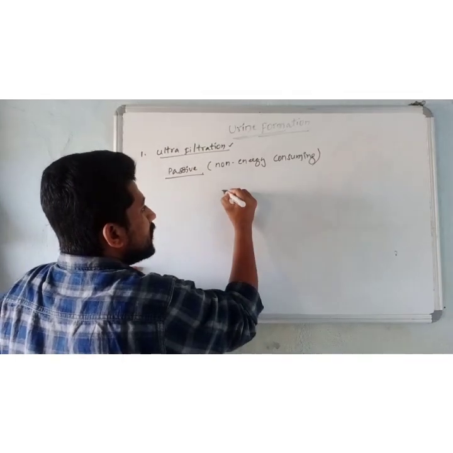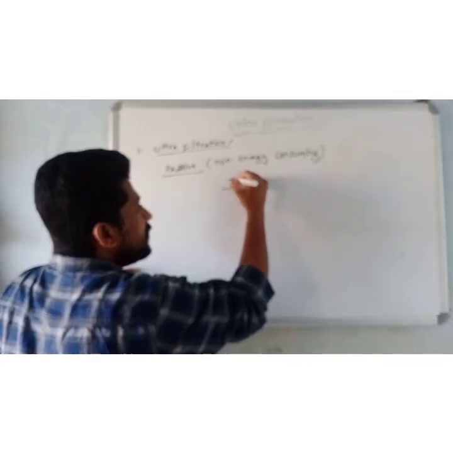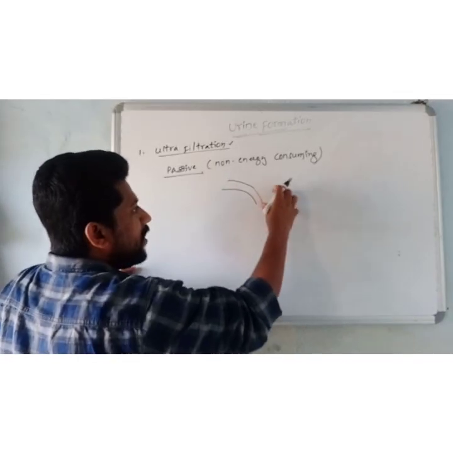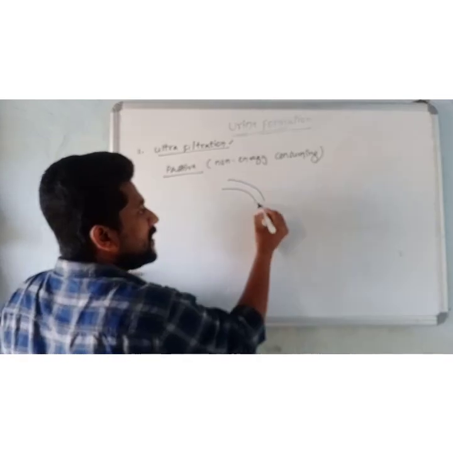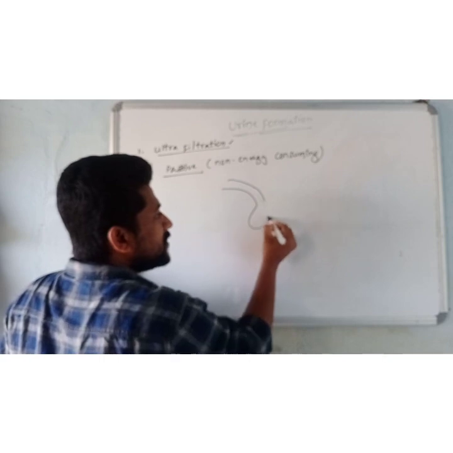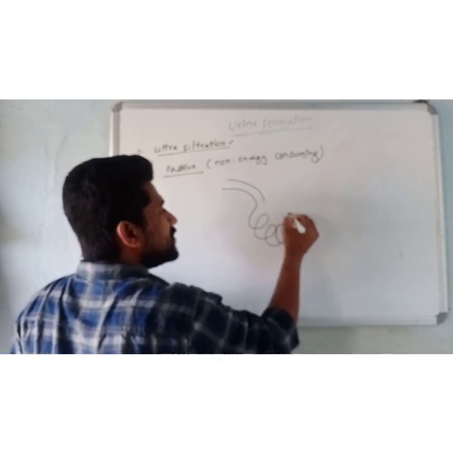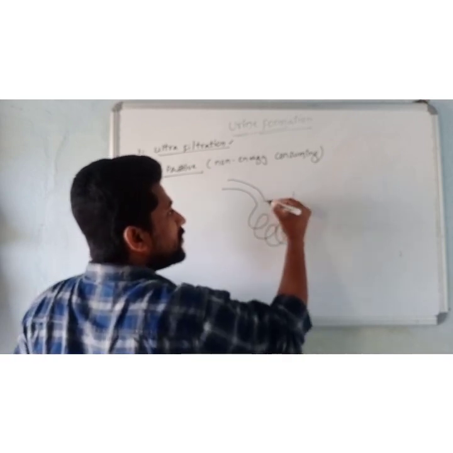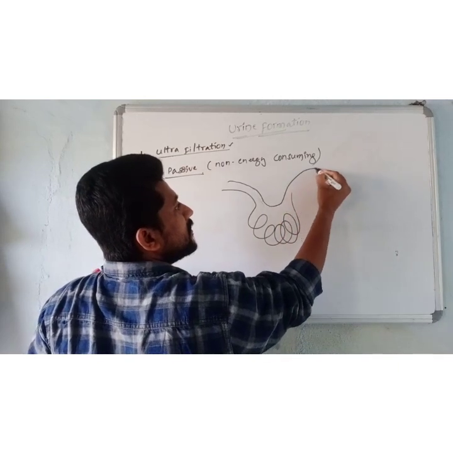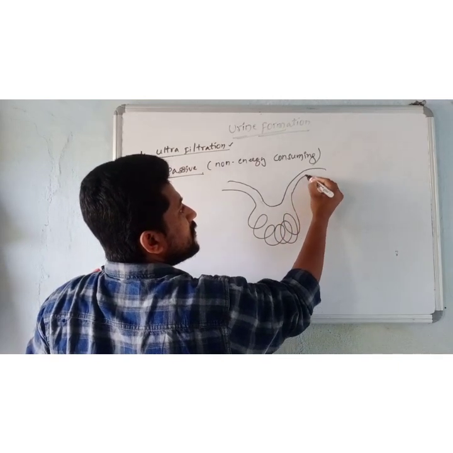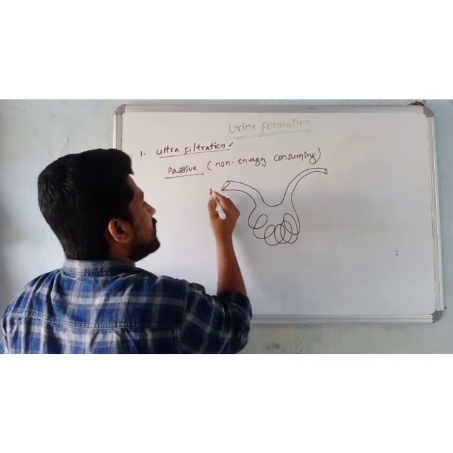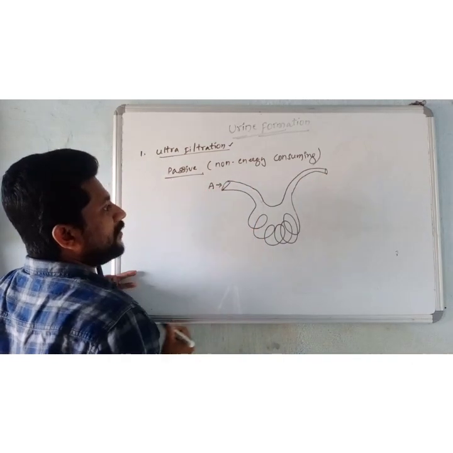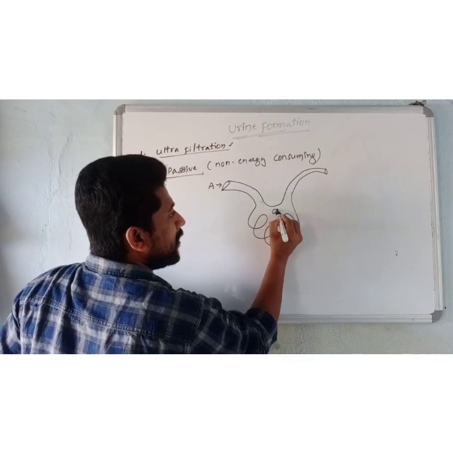So this is our efferent arteriole, which splits into very tiny, tough capillaries known as the glomerulus. This is our glomerulus.